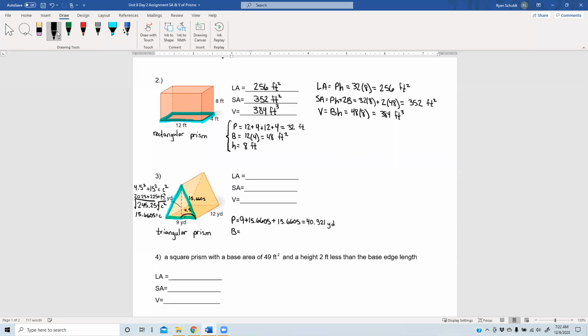It's a triangle, so I need to do 1/2 the base of the triangle times the height of the triangle. That'll get me 67.5 yards squared.